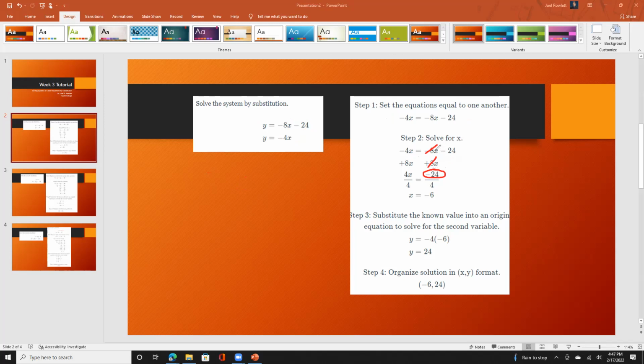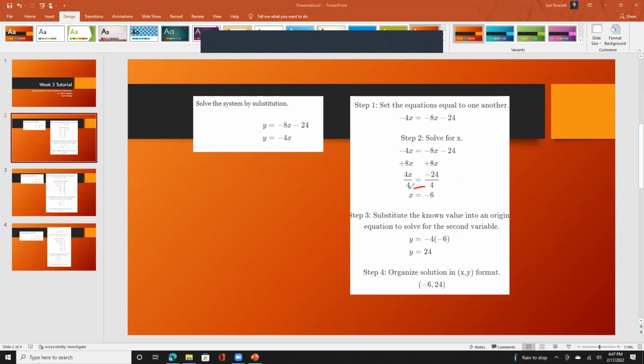If you add 8x on the right side, you have to add 8x on the left side as well. Negative 4x plus 8x gives you 4x. To get x by itself, we do the opposite of multiplying x by 4: we divide by 4. So on both sides, we divided by 4. Negative 24 divided by positive 4 gives us negative 6 for the x value.